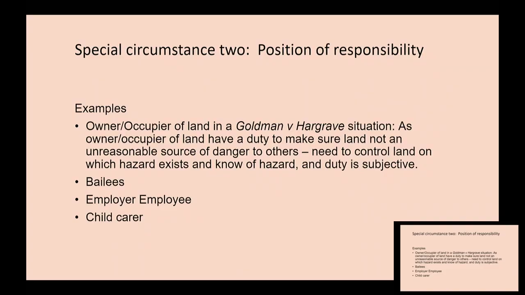The defendant in this case voluntarily accepts a specific role, or they enter into a specific relationship with another person, which carries with it recognised responsibilities to protect the other person's welfare. So, examples include an owner or occupier of land, bailees, employer-employee relationships, child carers. This is just to give you a kind of broad idea of the situations where this might apply.